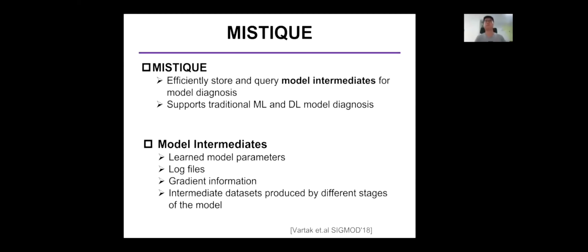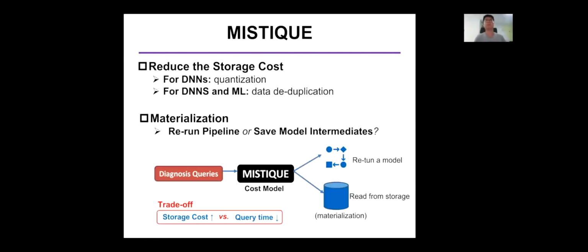So MISTIQUE can efficiently store and query model intermediates for model diagnosis. It supports both traditional ML and DL models. So it can query the learned parameters, log files, gradients, and so on and so forth. To reduce the storage cost, it uses quantization techniques and removes duplicate parameters.